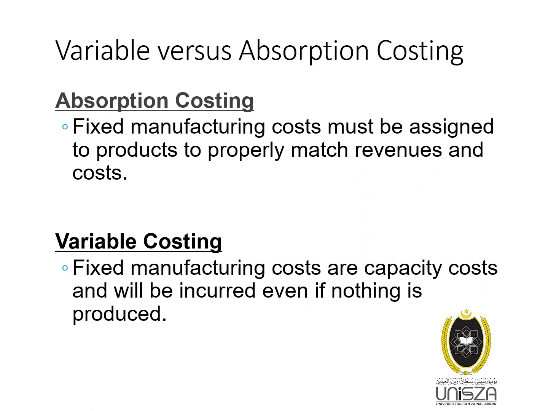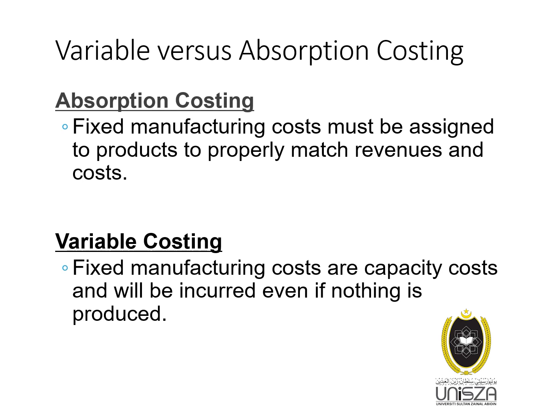So variable versus absorption costing: under absorption, manufacturing cost must be assigned to product to properly match revenue and cost, and under variable costing, manufacturing costs are capacity costs and will be incurred even if nothing is produced. That's the difference between absorption and variable costing.